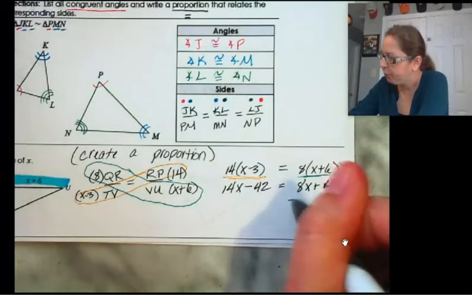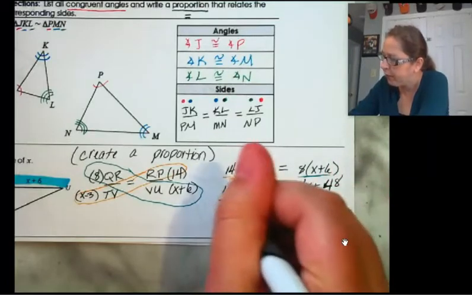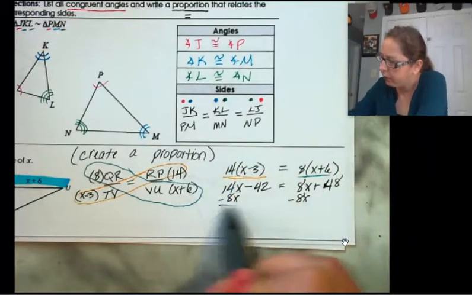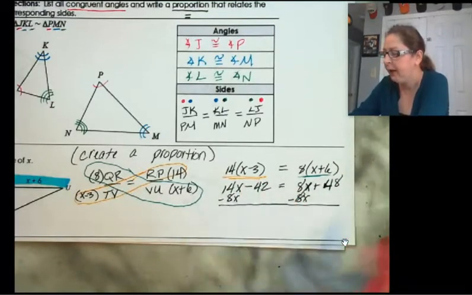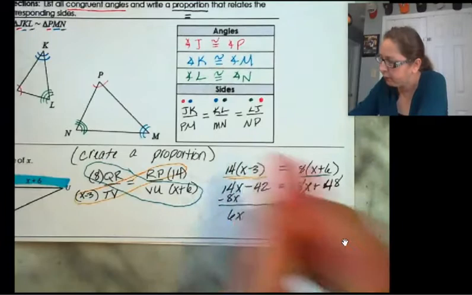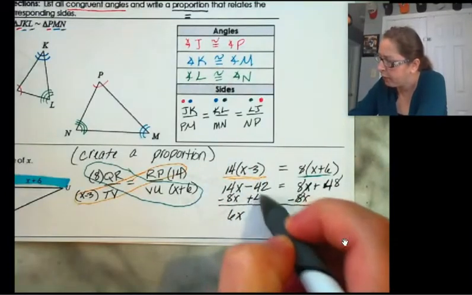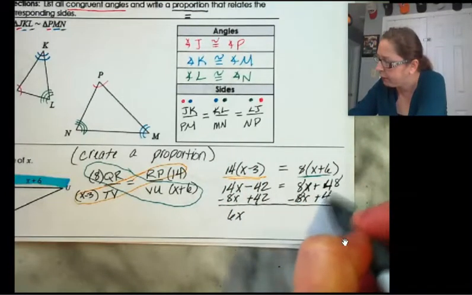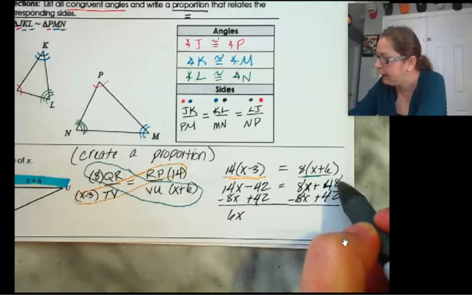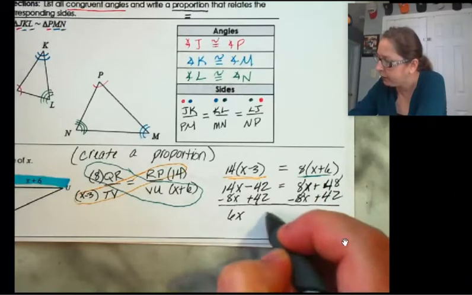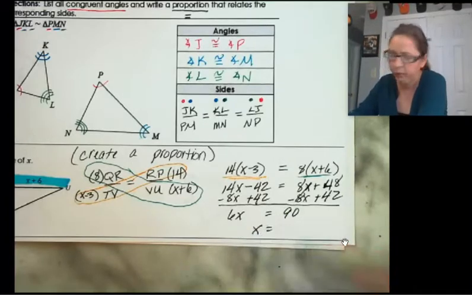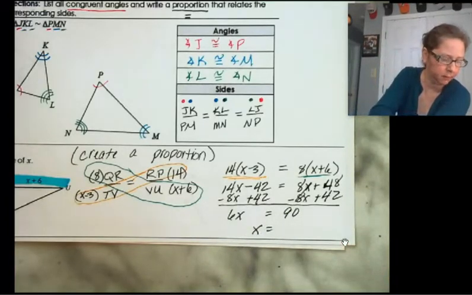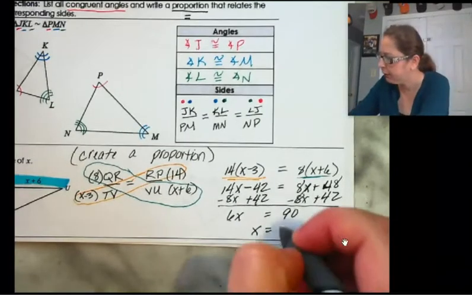Okay, I'm going to subtract 8x from both sides. 14 minus 8 is 6. Let's go ahead and add 42 to both sides. And I get 90. So divide by 6. What is 90 divided by 6? I'm going to cheat really quick. I get 15.